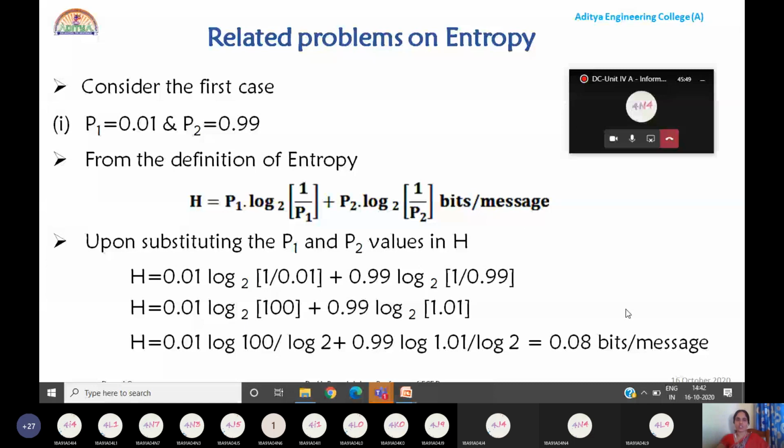6.64 multiplied by 0.01 gives 0.06, ma'am. That is the first term.